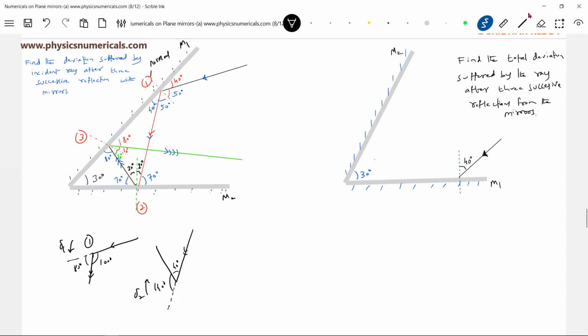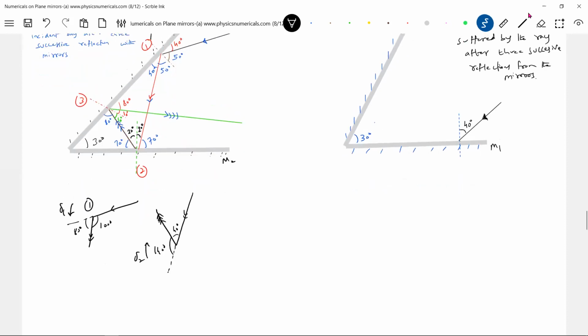There's ray 2, after reflection, ray 3. I think one best way is what I'm trying to explain. Then again at 3, what conditions will arise? The ray wanted to move like this. So after reflection, now it is moving here. Now this total angle will be 20.